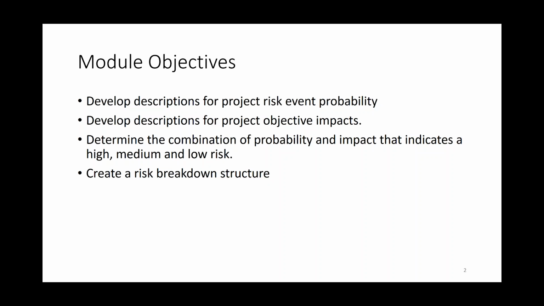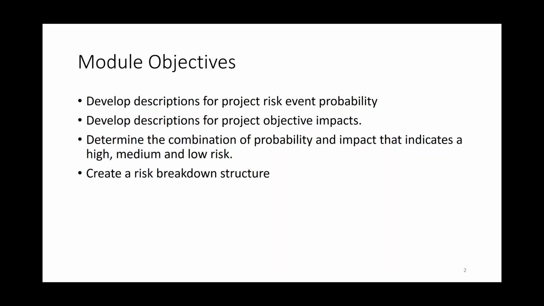Part of what's in the risk management plan is developing descriptions for how you evaluate the probability of something happening, and then developing descriptions for each project objective. For the Greenleaf Farm, we've defined the objectives as cost, schedule, scope/quality, and stakeholder satisfaction or stakeholder use.